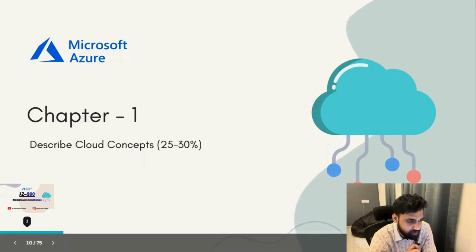In this we will understand what is cloud, what are the benefits of the cloud, and how many types of cloud services we have. So basically, we will build the basic understanding of the cloud in this particular video. Then from the next video we are going to start Azure. In order to understand Azure, first we have to understand the cloud.